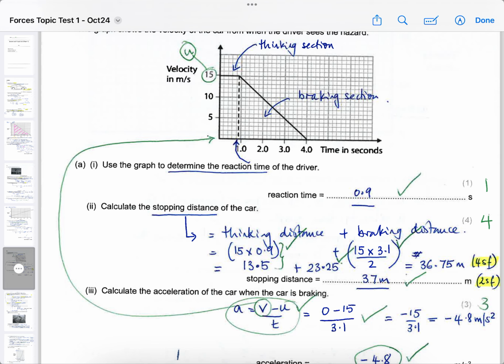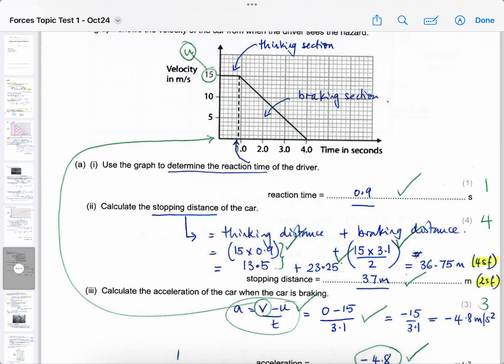If you do the area underneath the braking distance, which is a triangle, it would be 3.1 seconds of braking. Yes, so you need to work out that's 3.1 because it started at 0.9 and finishes at 4.0. And then what you do, if you work it out properly, remember you have to divide by 2 because it's a triangle.